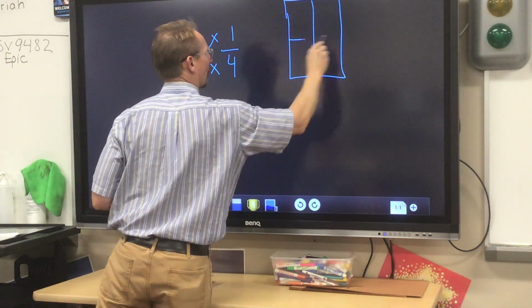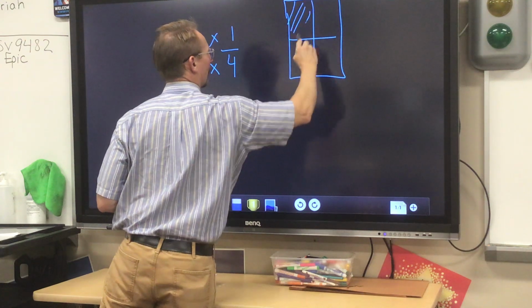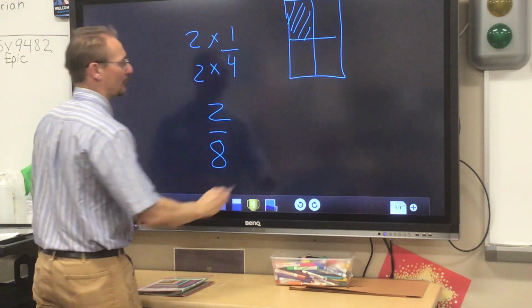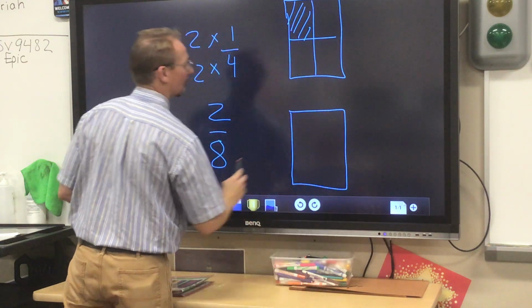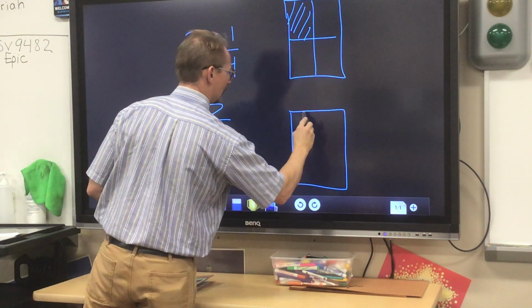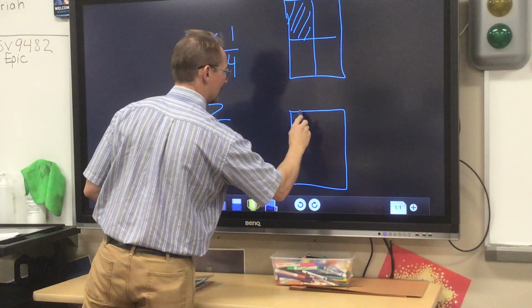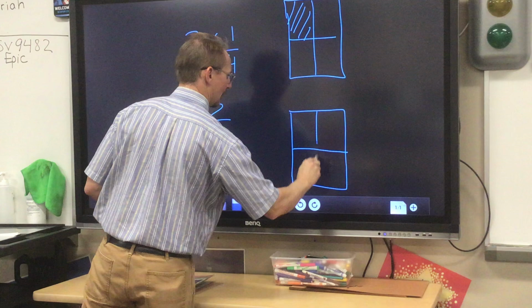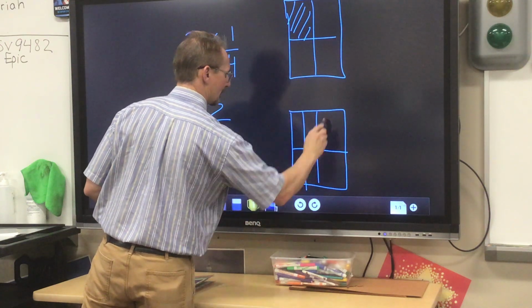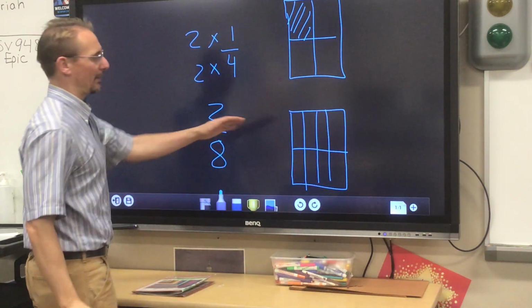I divide it into 4 parts. I've got 1 part. For my 2/8, I've got the same candy bar. This time I'm going to divide it into 8 pieces. Now I've got 8 pieces.